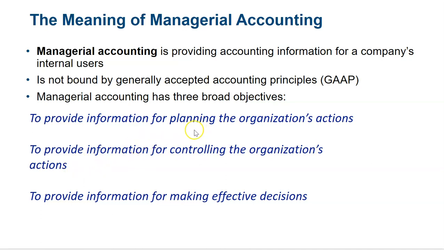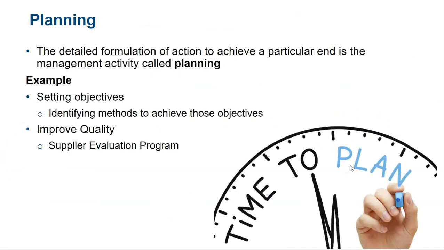Again, we're planning the organization's actions and we are controlling the organization's actions, and we are providing information to make effective decisions. We have choices in business: what works, what doesn't work, what do we think is going to work, and so on. Again, these are all decisions that are made internally. These types of things are not shared publicly.